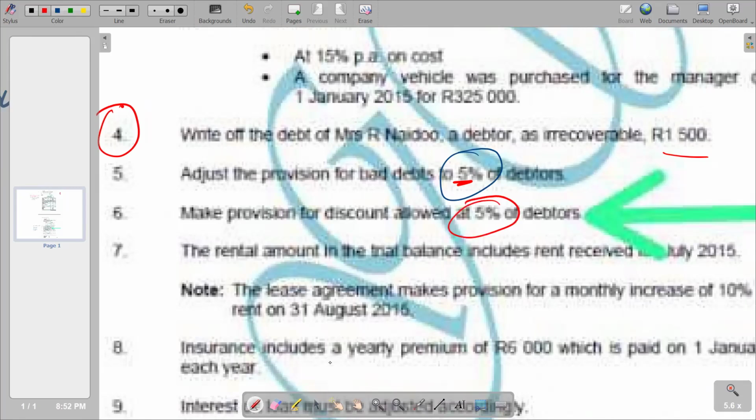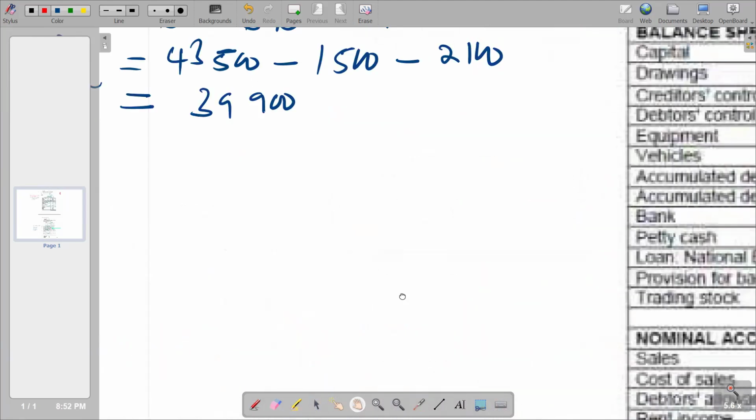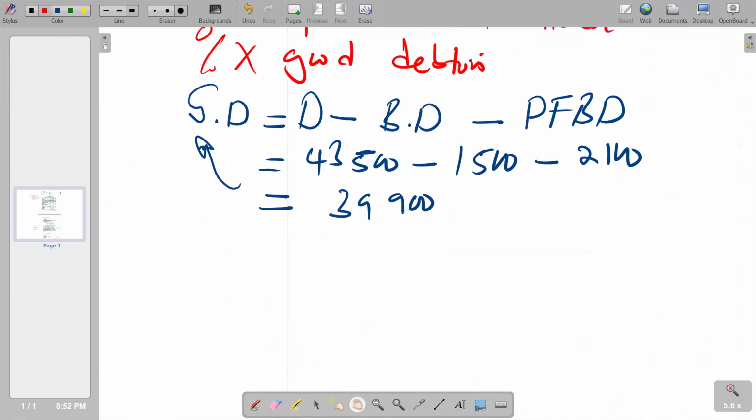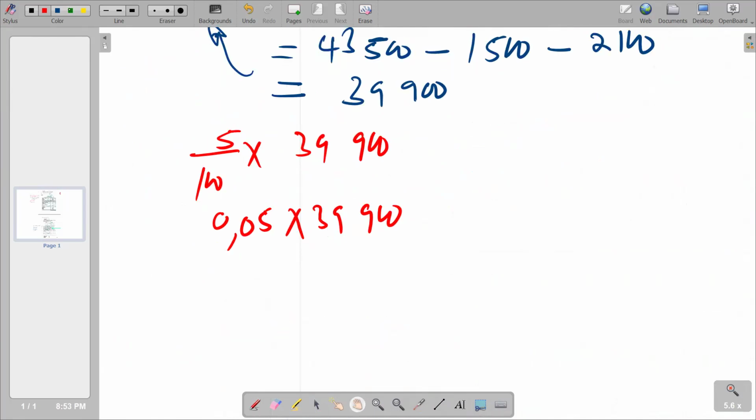So we now say 5% times the figure that we got as the good debtors. Here the calculation is 5 over 100 times 39,900, of which 5%, of course, as a decimal is 0.05 times 39,900. From there, the answer that we are going to get for provision for discount allowed is 1,995.